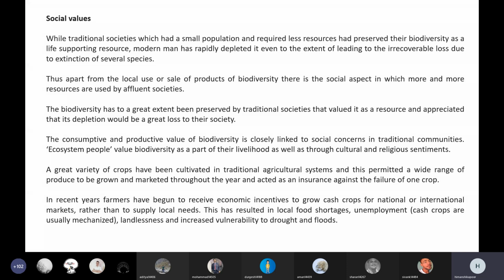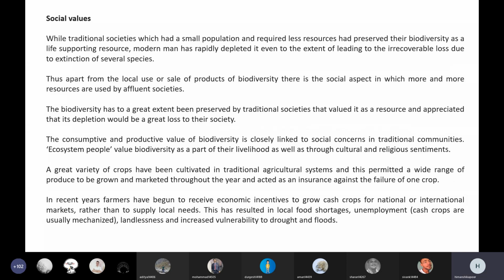If you are linking it to religion, then you are making masses understand the value of this resource. So you are giving it a social value. So this was done all for providing protection to the biodiversity, or you can say conserving the biodiversity.